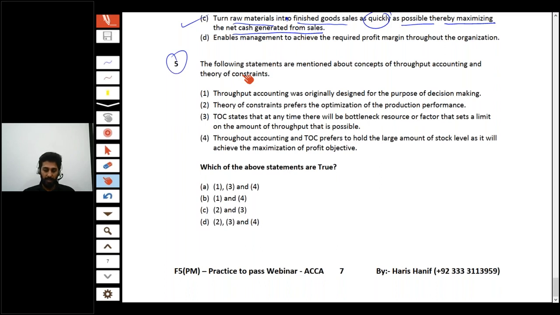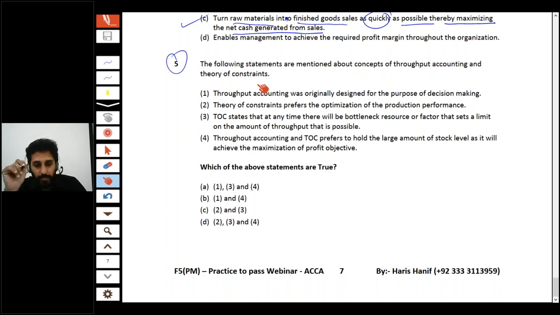Then I will be explaining it. The following statements are mentioned about the concepts of throughput accounting and the theory of constraints.